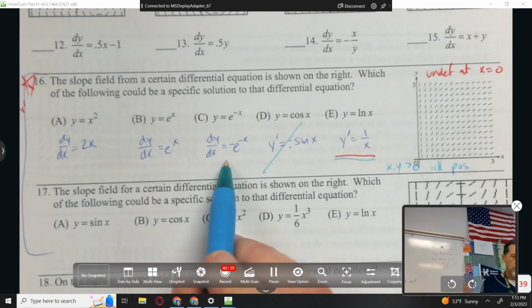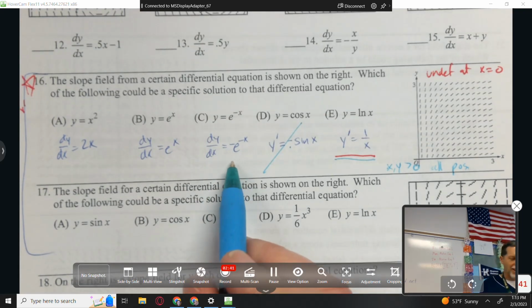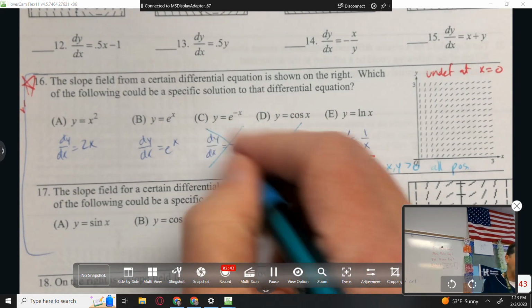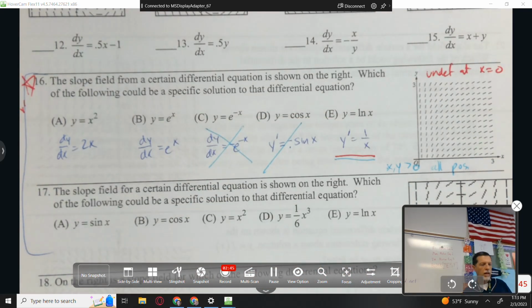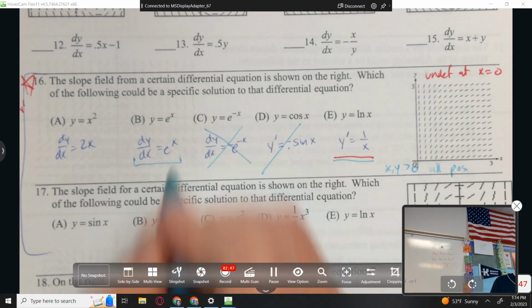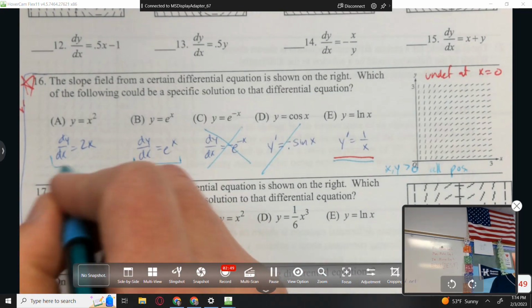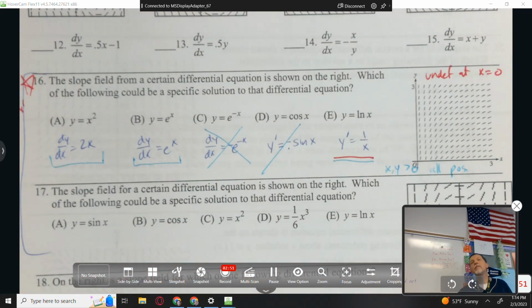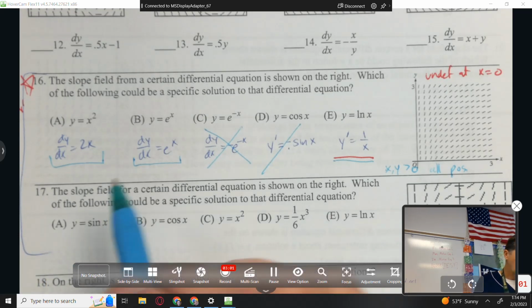Same with e to the negative x? Well, negative e to the negative x is negative everywhere, so that's definitely out. E to the x is positive everywhere, and 2x is positive everywhere x is positive. Yeah. So, but 2x would be a linear equation, not undefined?